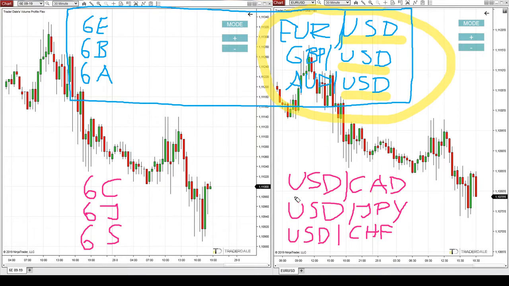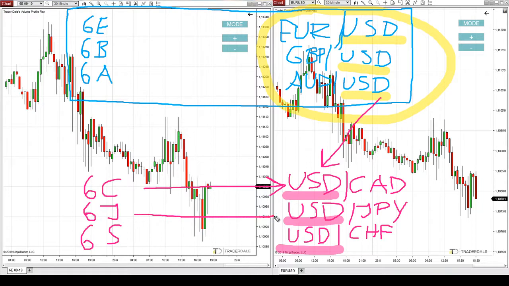But in these cases, the US dollar is on the other side: US dollar Canadian dollar, US dollar Japanese yen, and US dollar Swiss franc. For that reason, the charts for USD/CAD, USD/JPY, and USD/CHF are reversed from their futures counterparts.